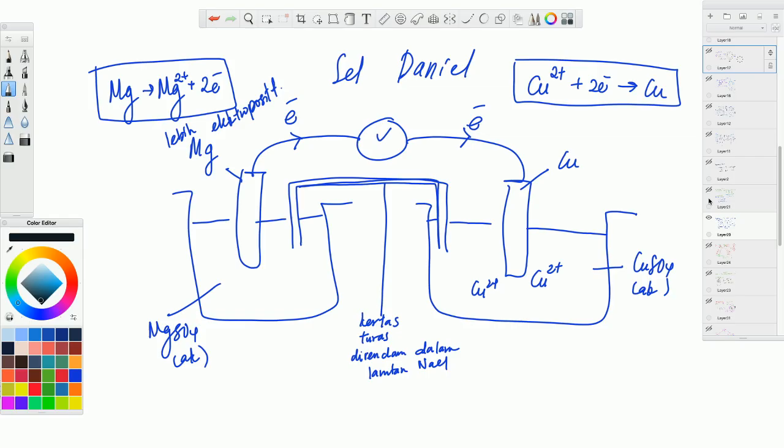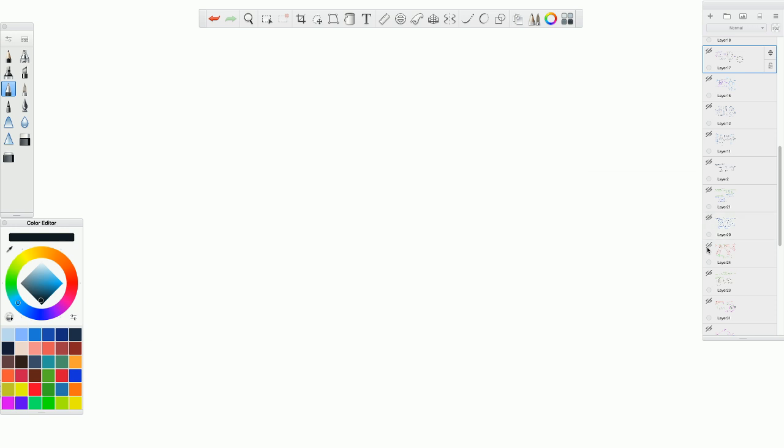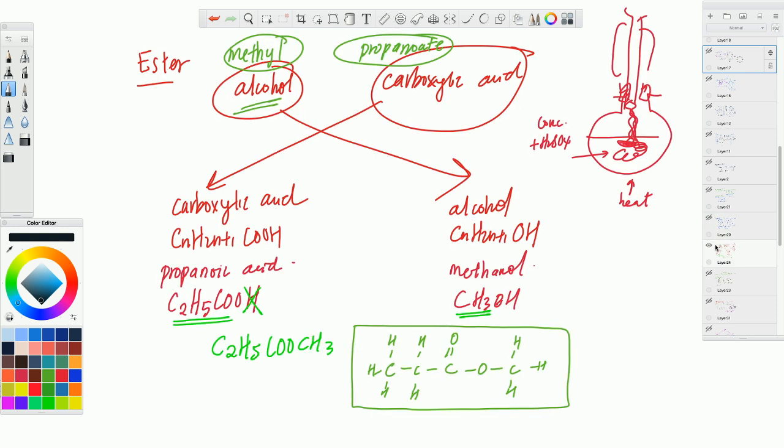Okey, so logam melepaskan elektron ialah elektropositif, bukan logam menerima elektron ialah elektronegatif. So ini contoh. Okey, kita buat 2 kali hari ini. Macam mana nak menentukan bagaimana nak membentuk ester menggunakan alkohol dan carboxylic acid.